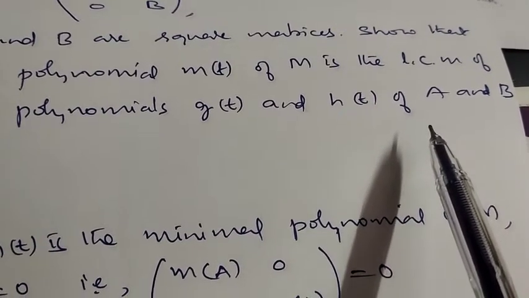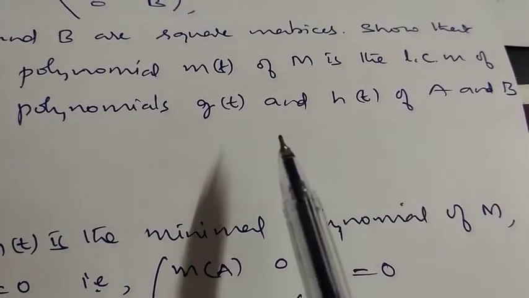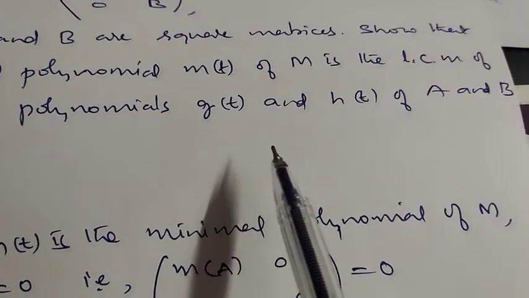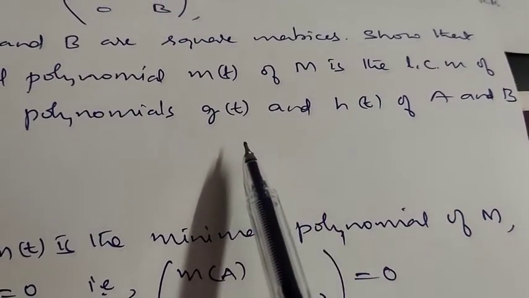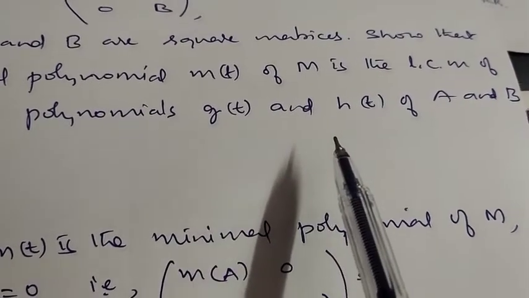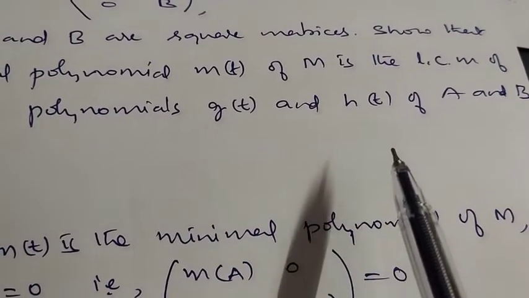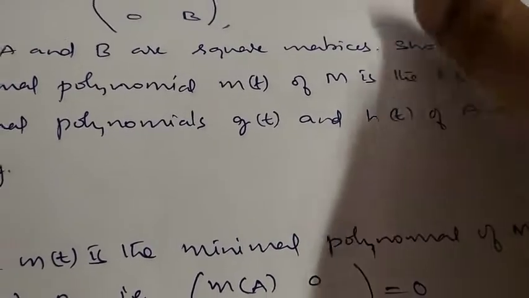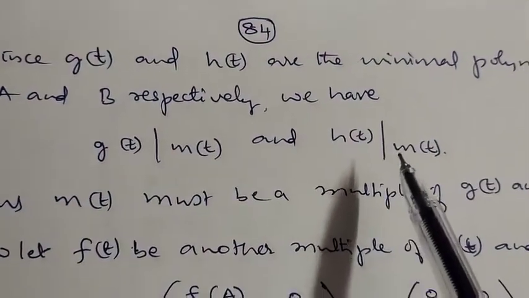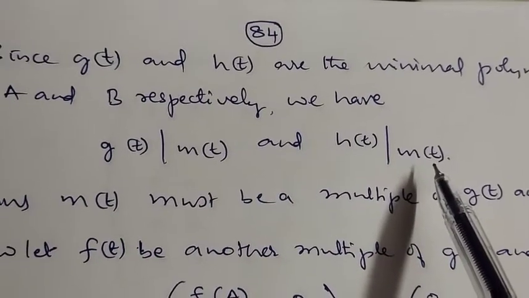Therefore, by the result that we have already studied in the previous classes, the minimal polynomial divides any polynomial satisfied by the matrix. Accordingly, g of t divides m of t, as well as h of t also divides m of t.